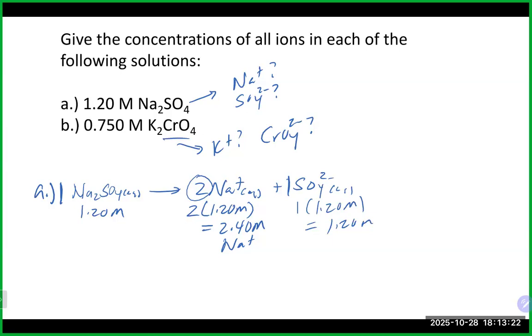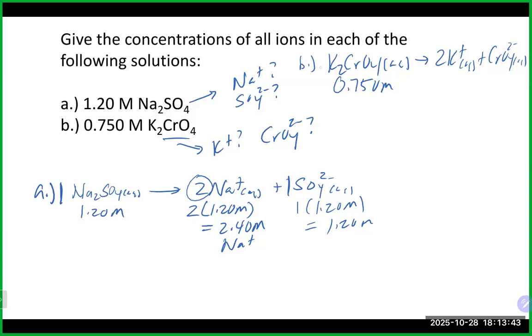Looking at our potassium chromate here, same idea. We'll figure out how it breaks apart: K2CrO4. It's going to give us 2 potassiums and a chromate. In this case, 0.75 molar is the whole thing. It is a 1-to-2 relationship between the potassium ion and the whole thing. So we would take 2 times our 0.75 molar, giving us 1.5 molar for our potassium ions.